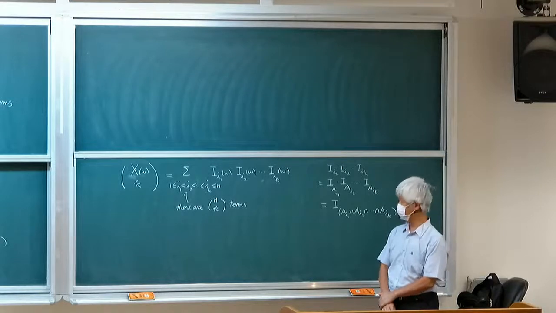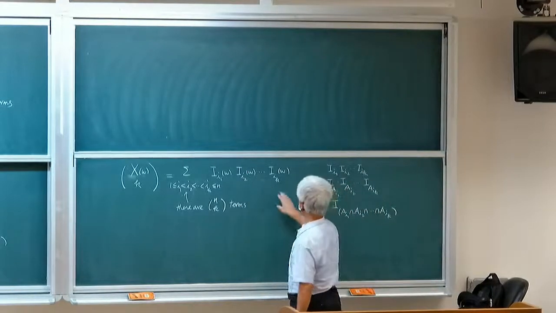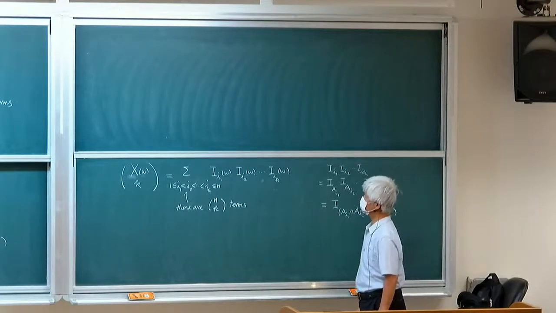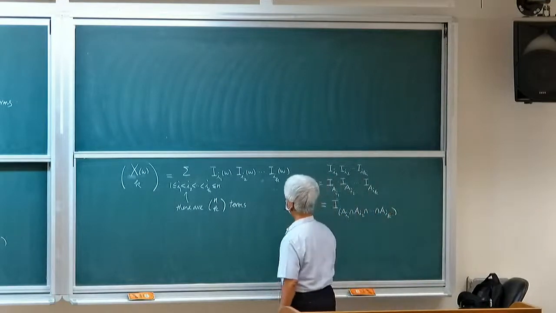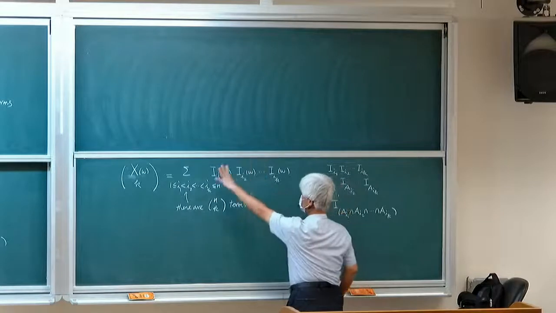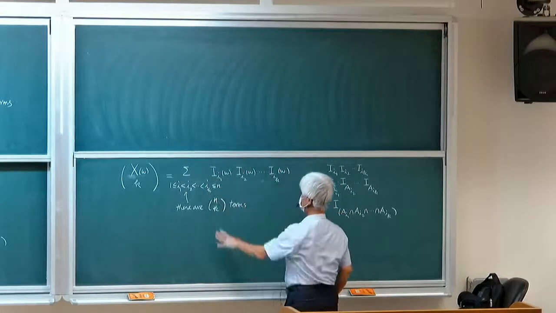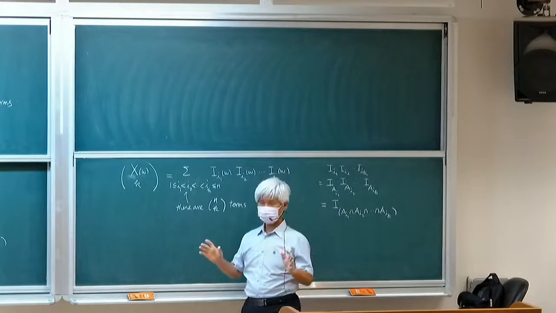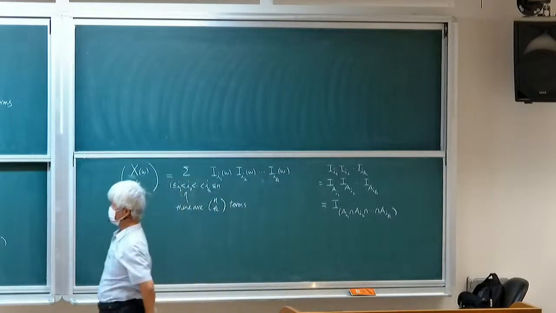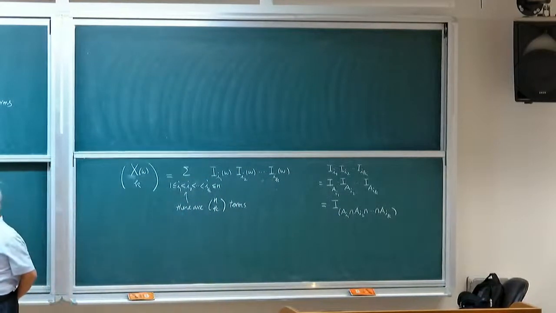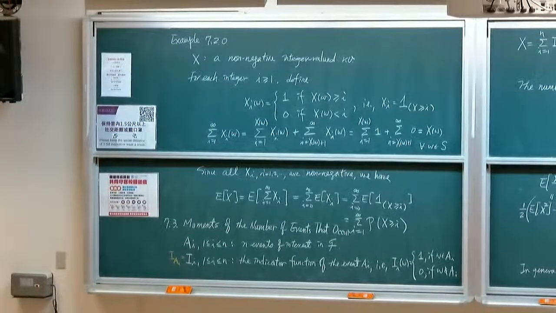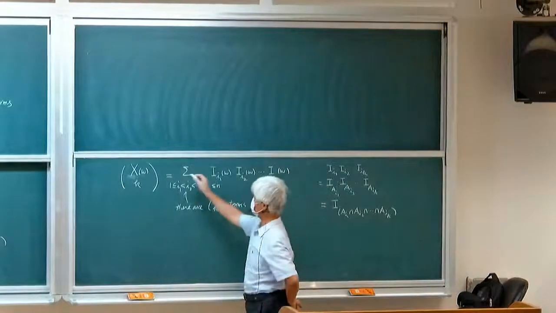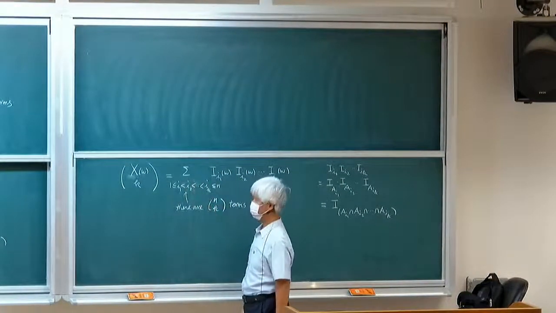So the right-hand side counts the possible distinct subsets of k events that all occur. This establishes the identity here.